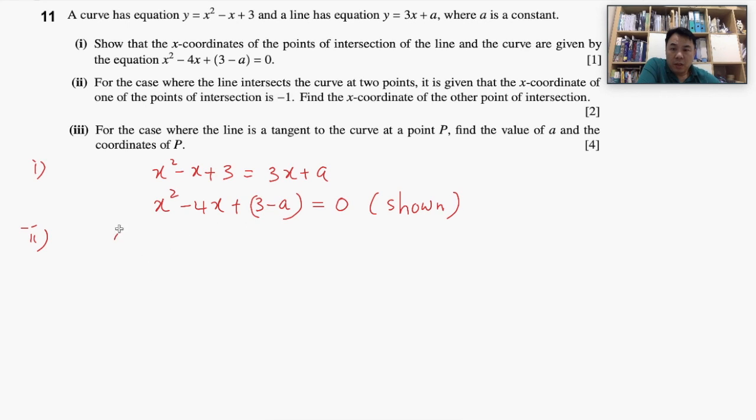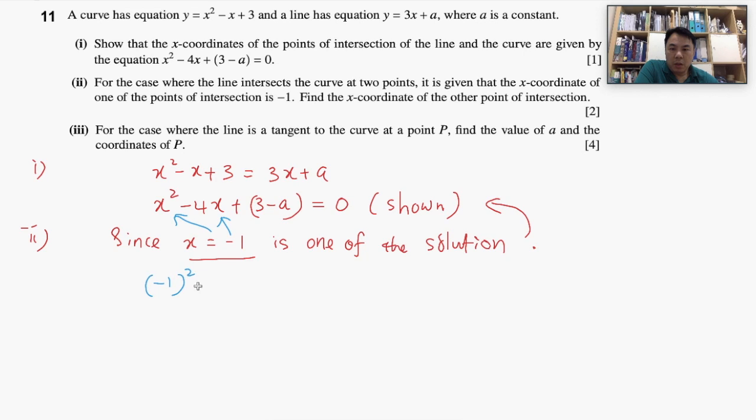Okay, now since x equal to -1 is one of the solutions, therefore this solution must satisfy this equation here. So we can substitute x equal to -1 into here. Therefore, we have (-1) squared minus 4(-1) plus 3 minus a equal to 0.